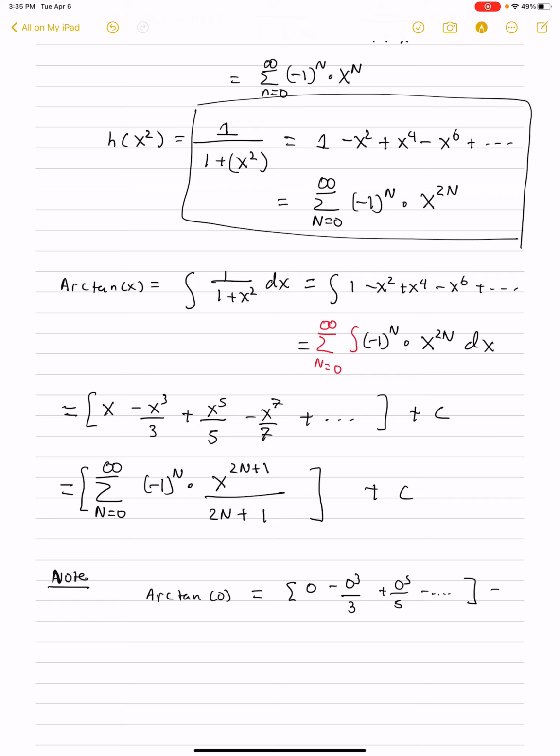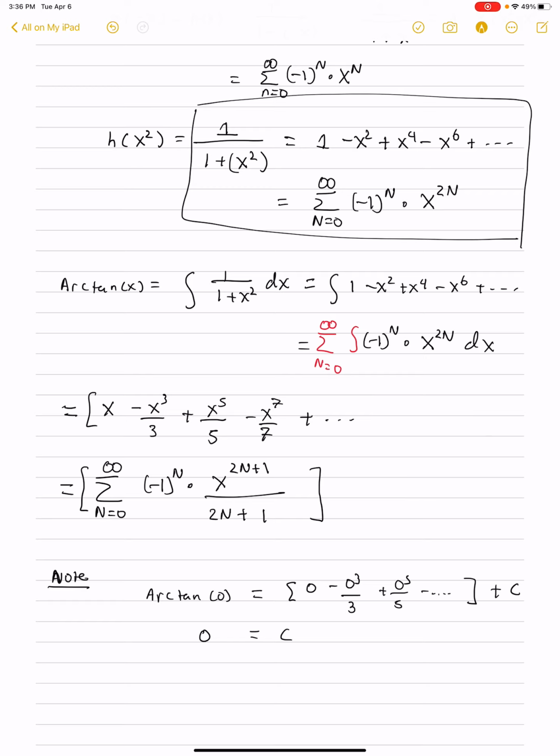Those are all 0 plus c. Since those are all zeros inside the parentheses, and arctangent of 0 is 0, c is 0. So yes, technically I should include that constant of integration, but I'm going to erase it because it is 0 after all.